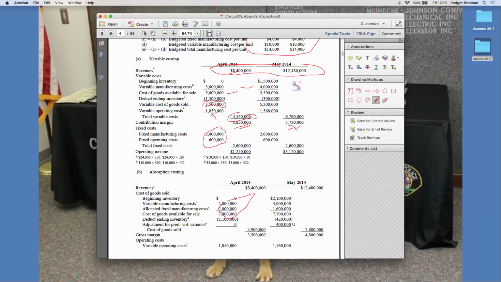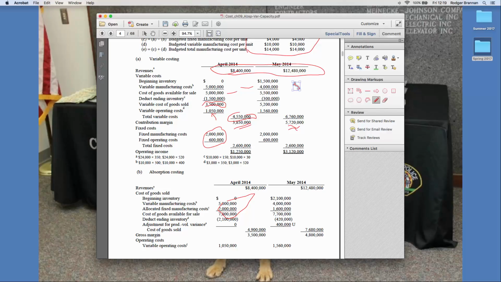In other words, they're budgeting, taking the fixed manufacturing amount of 4,000 and taking that times the 500 cars that they actually produced. So you're coming up with that rate of 4,000 per car. Since their budget equaled the amount of production, all of the fixed manufacturing overhead was applied. So the cost of goods available for sale is the 27 million.